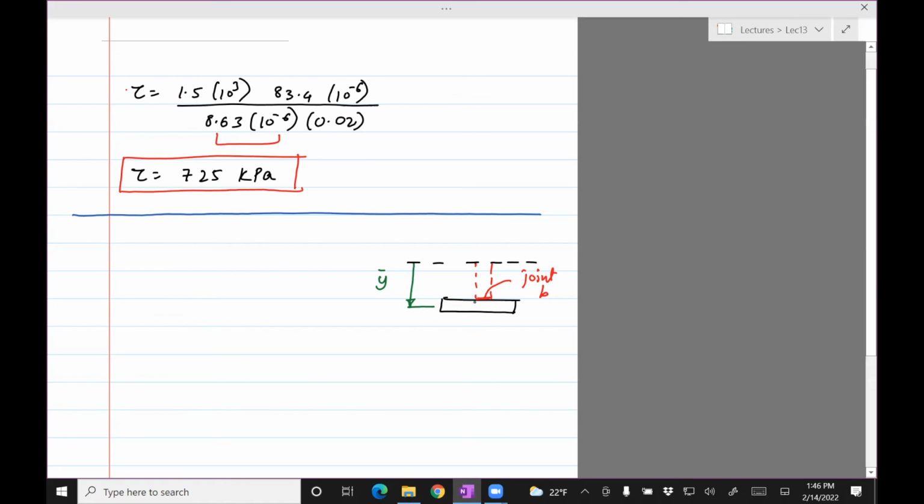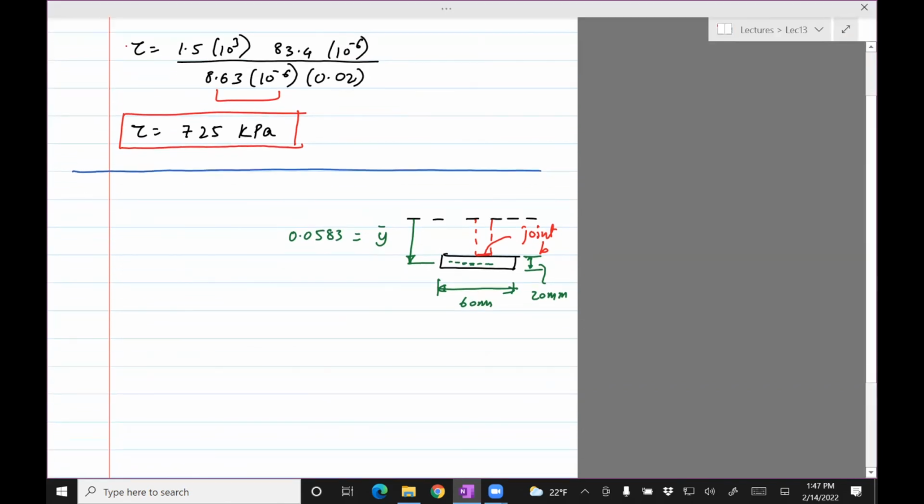It's in the middle, yeah. So this is shown as 60 mm. This width is 20 mm. And then we need to find Y bar, which you can calculate just like we did previously. Just going to put the value there. So I get 0.0583. And same as B, we have two choices. We choose the smaller one.